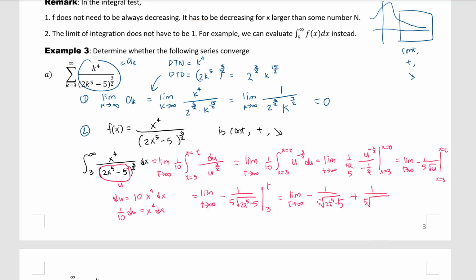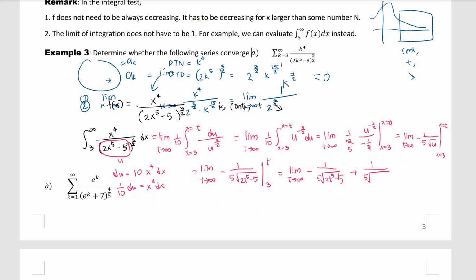What is 2 times 3 to the 5th, minus 5? That equals 481. When t goes to infinity, you can see this term goes to 0. So our answer is 1 over 5 square root of 481.